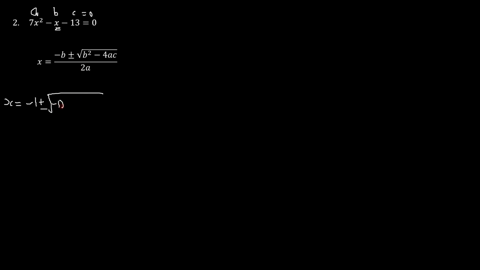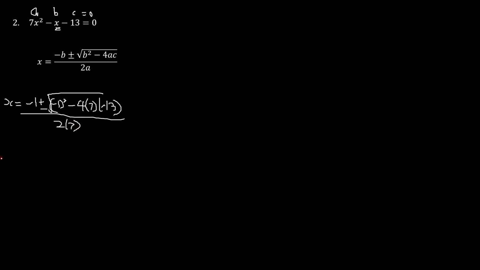So let's put it in the bracket. Minus 4ac, a is 7, c is minus 13, over 2a. So that's 2 times 7, we're going to write it as 2 brackets 7.